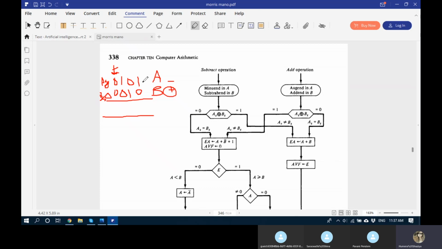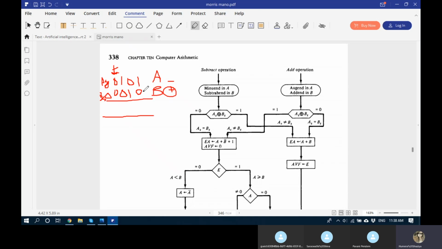The first number, the top number, the number which is above the second number, this is minuend in subtraction and augend in addition. This is subtrahend in subtraction and addend in addition.